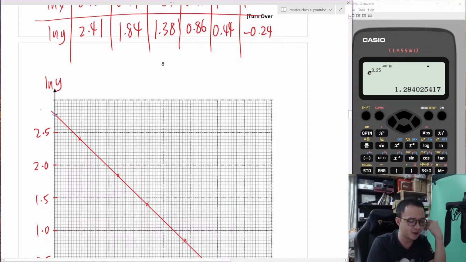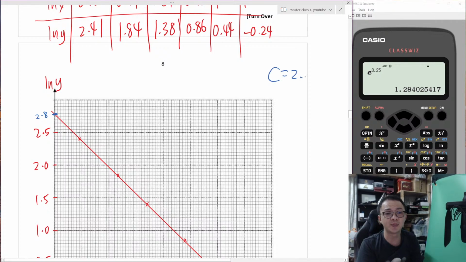Or you can straight away say it's 2.8, it doesn't matter. I just say it's 2.8. So the c value is just 2.8, which is the vertical intercept.